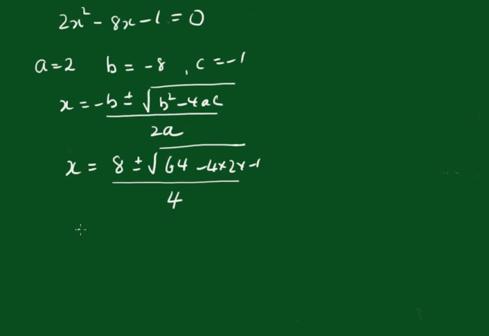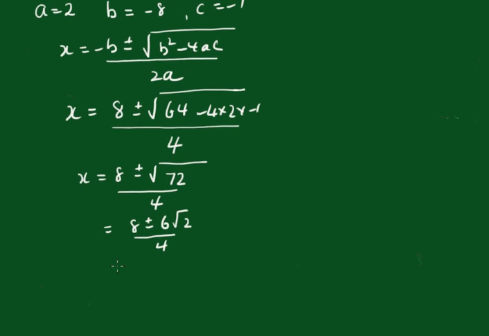Okay, so x equals 8 plus or minus square root of, that's going to be an 8 here, so we've got a 72 over 4. Alright, we can simplify that, that's 36 times 2, so that's 8 plus or minus 6 root 2 on 4.